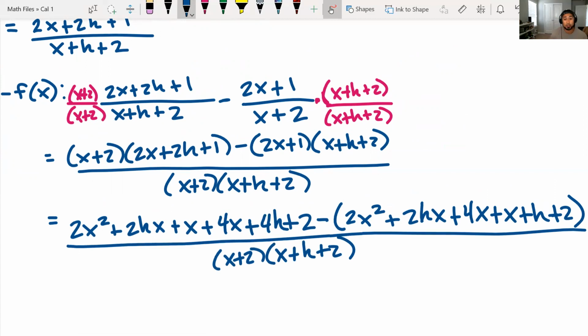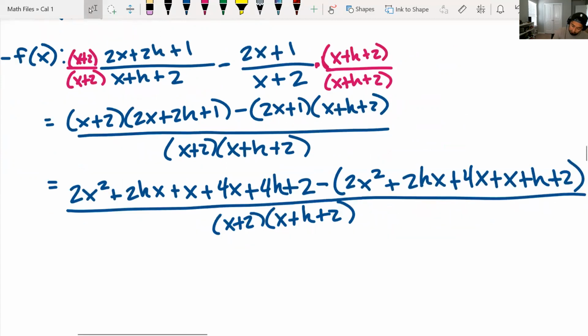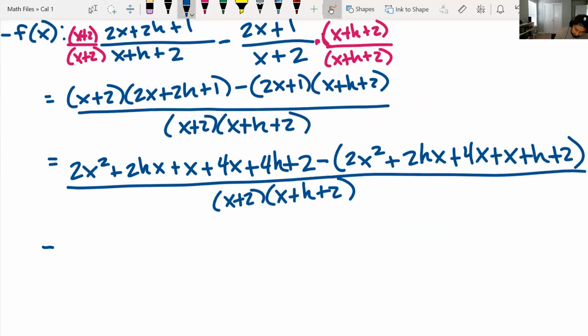Okay, distribute the negative. Actually, can we combine terms and distribute the negative at the same time? That'll save us some space.